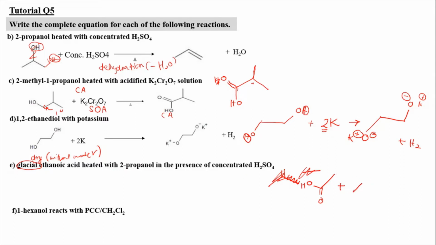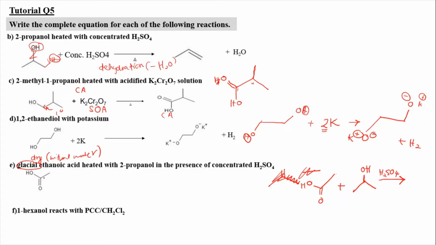So propanol will have 1, 2, and 3, and then at carbon number 2, it's going to be attached with OH here. Okay, and these are going to be reacted together in the presence of H2SO4. Okay, so let us draw the structure again.